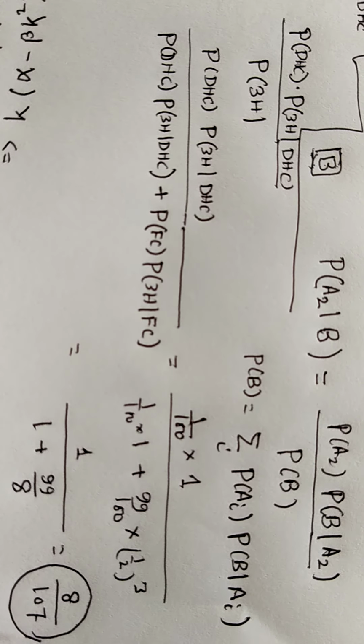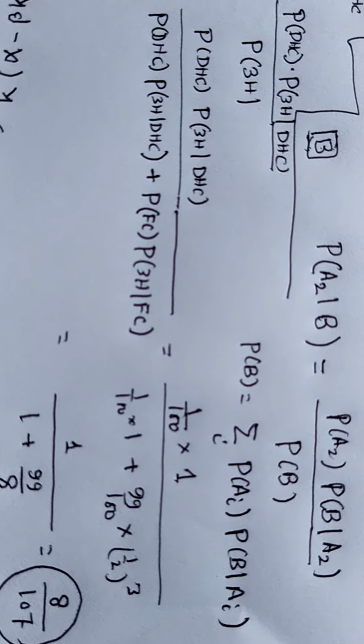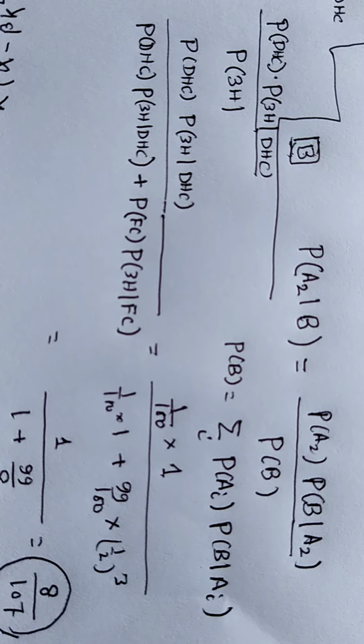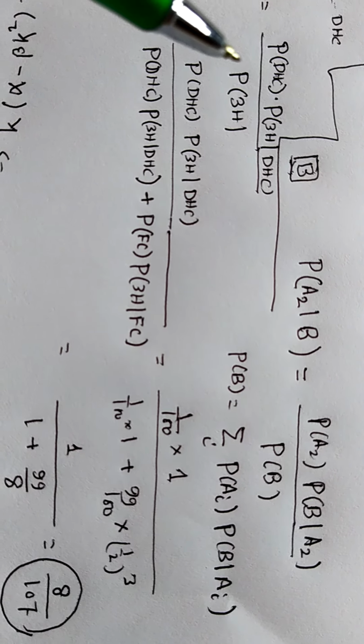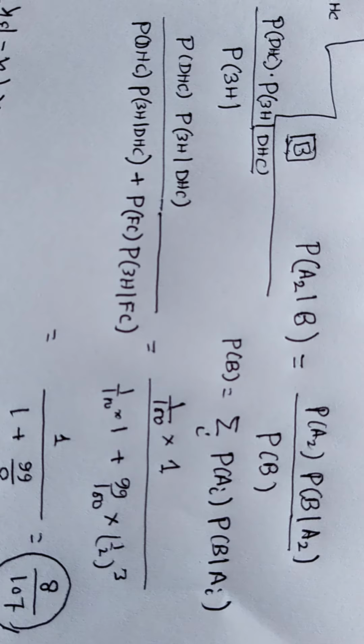So this is the probability that 3 heads appeared in 3 consecutive tosses, then the probability that you had drawn a double-headed coin.